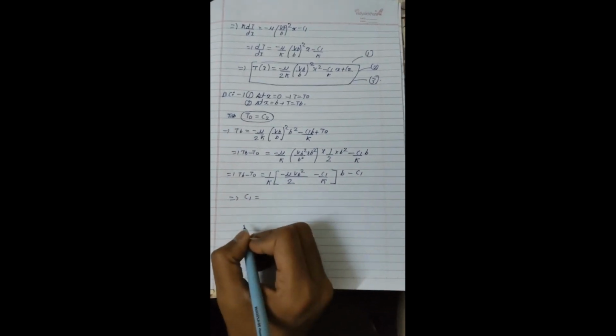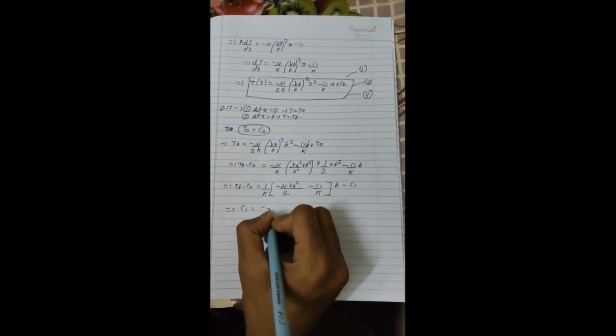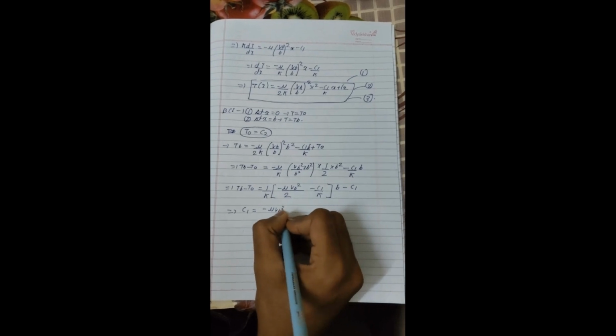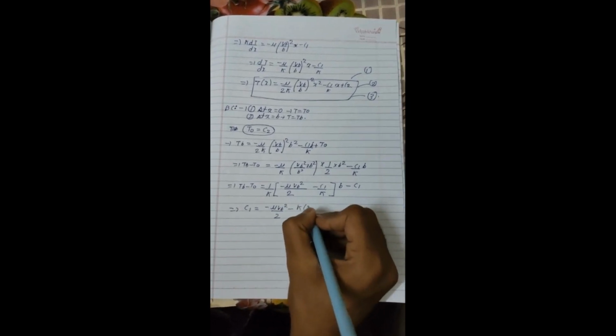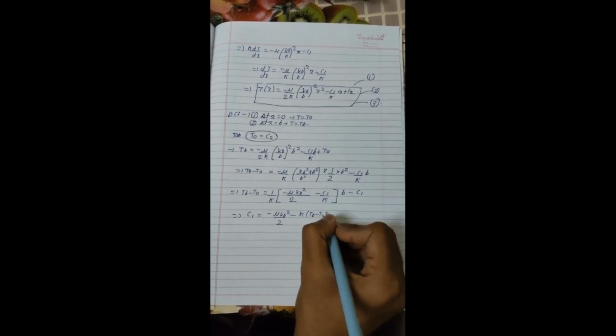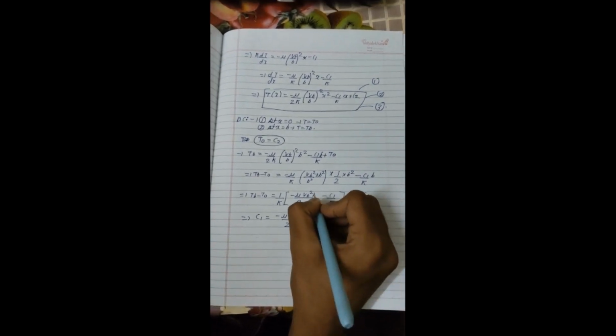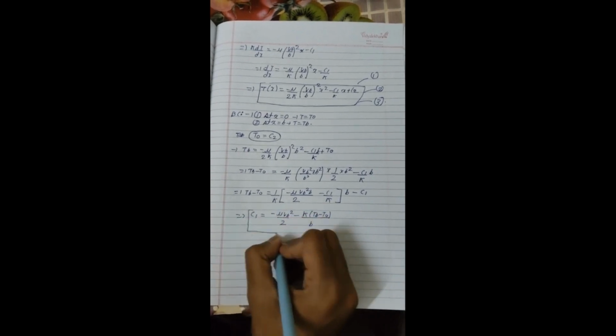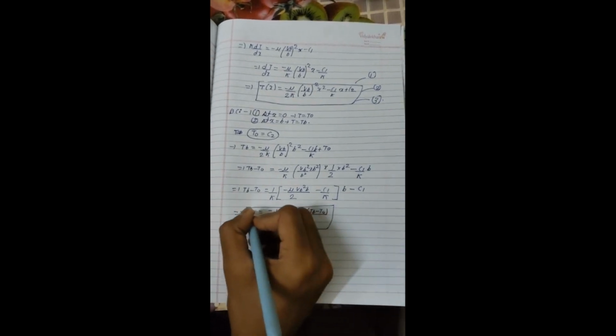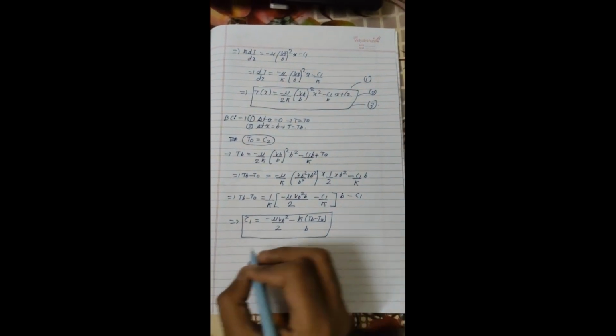So C1, if we try to get the value of C1, that will come out to be minus mu VB square upon 2 minus k (TB minus T naught), here it's B, (TB minus T naught) upon B. So we got the value of C1 as well.